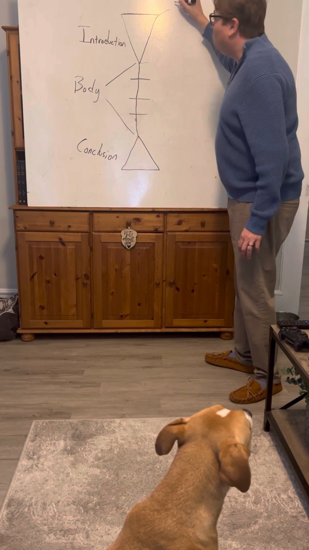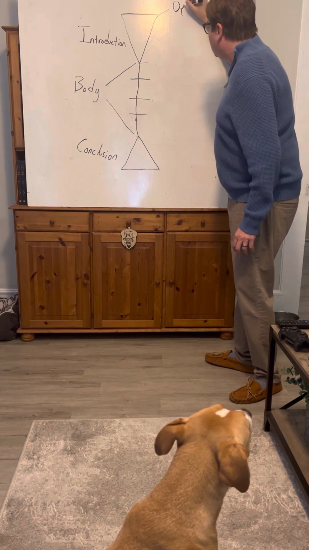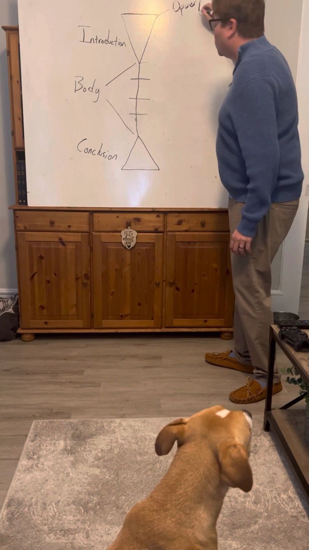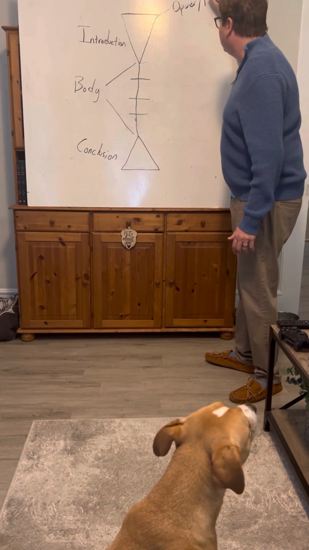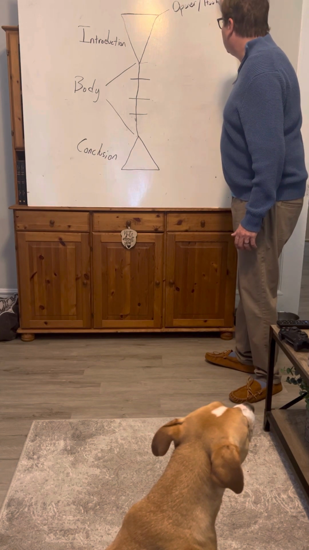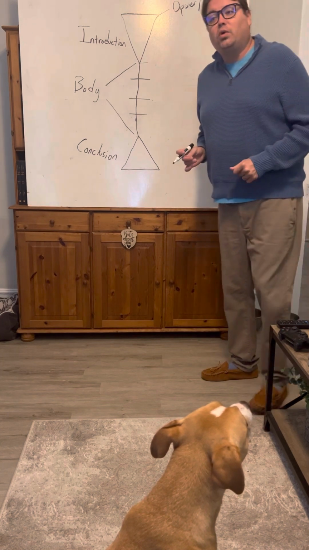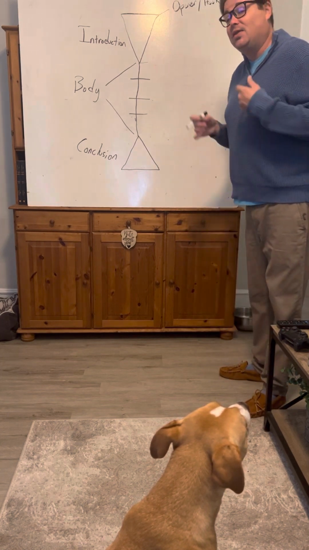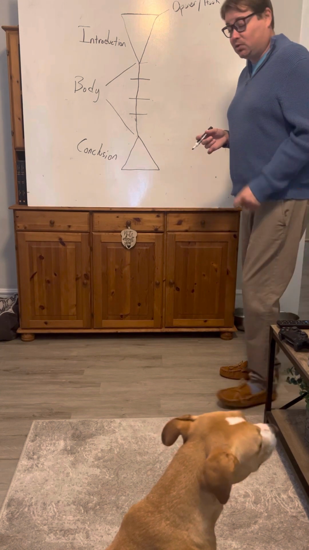So your opener, or some people call it a hook, a lot of people do, is meant to grab your audience. And we'll get into more detail in that in the next video, where we talk specifically about introductions.